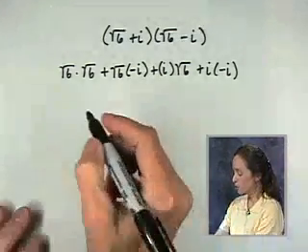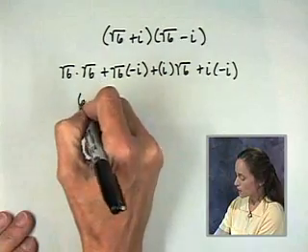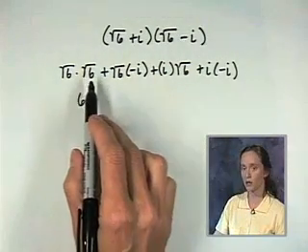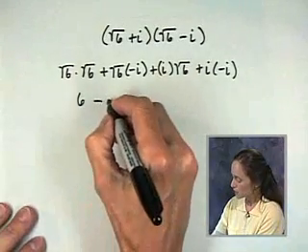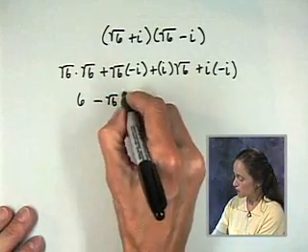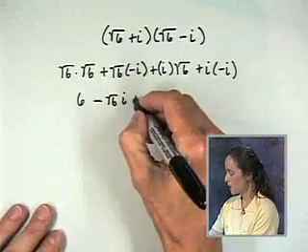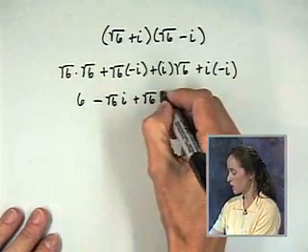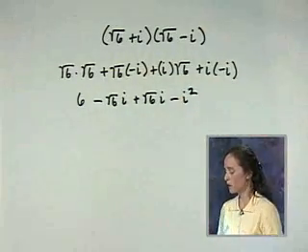Simplifying each individual term, the square root of 6 times the square root of 6 is 6. It's actually the square root of 36, which simplifies. The next term is negative the square root of 6 times i. Be sure your i doesn't look like it's in the radical. And then I have positive the square root of 6 times i, and then minus i squared.